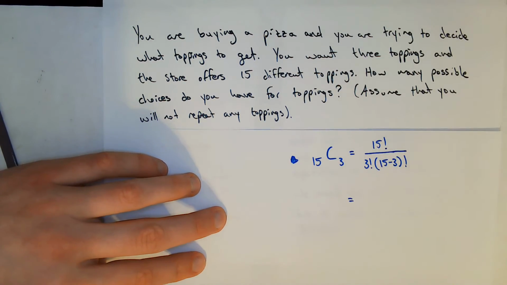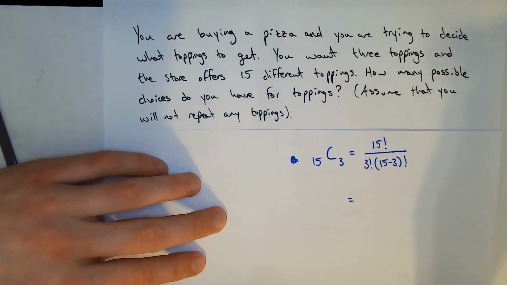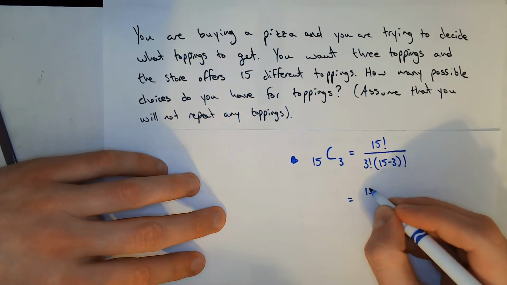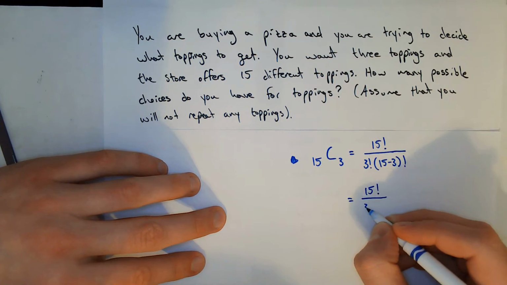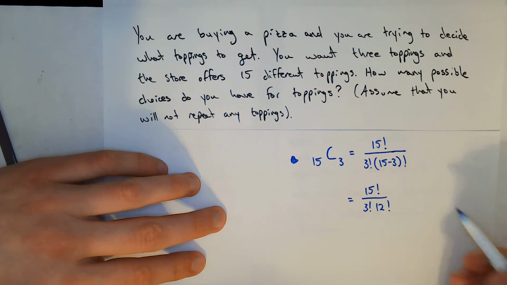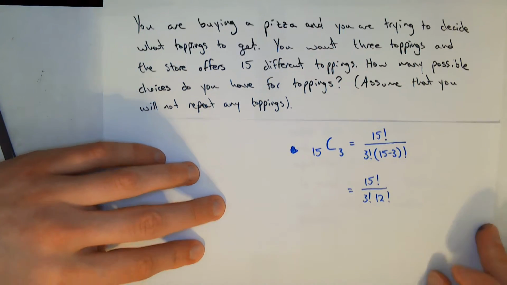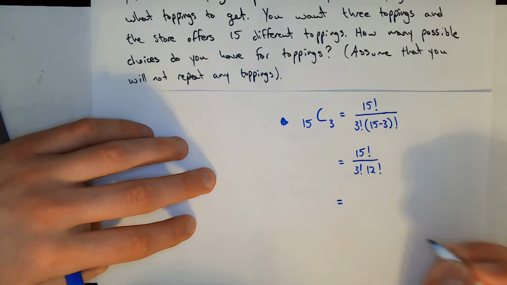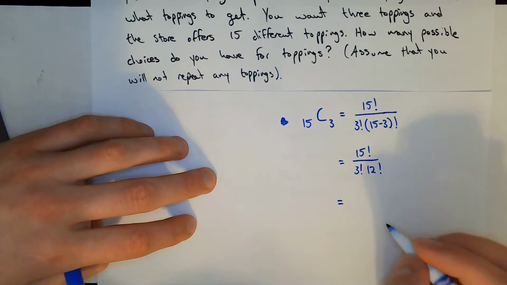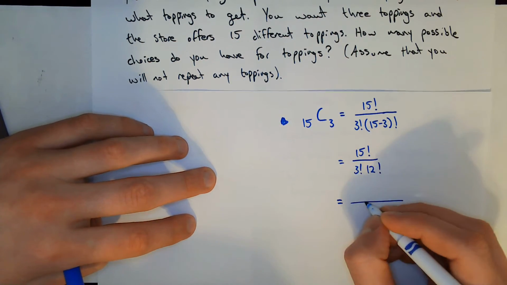So this is very much similar to problems I worked at the end of the last video, just looking at those factorials. Let me do that difference first before I start expanding these things. 15 minus 3 is 12, still with that factorial symbol attached. Now, if you're comfortable with the way I dealt with those factorial problems previously, you know what's going to happen.